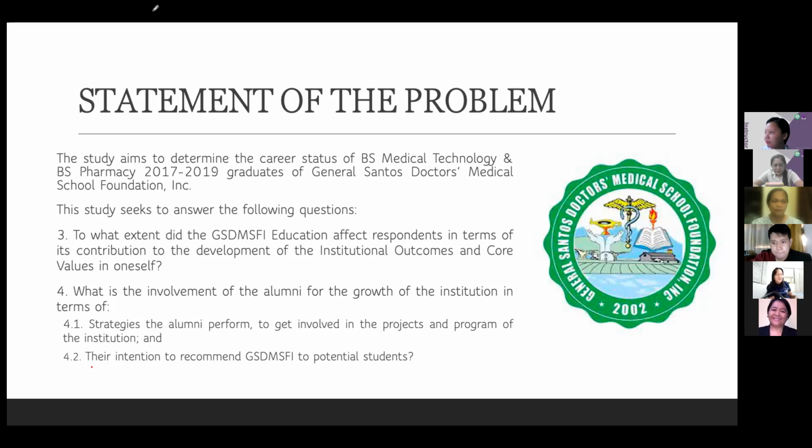Okay? Although andyan naman ang ibang mga elements, pero since this time you will be separating, may kanya-kanya na siyang justification. I hope okay na tayo, Sir Andres and Ma'am Baruis. Yes, ma'am.